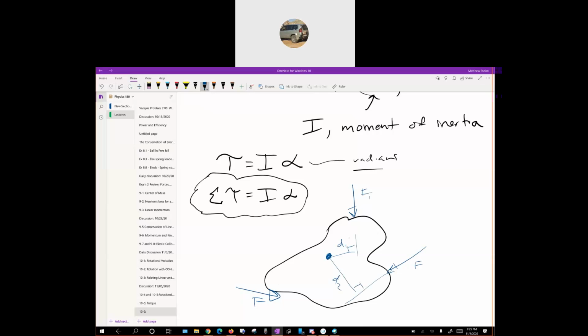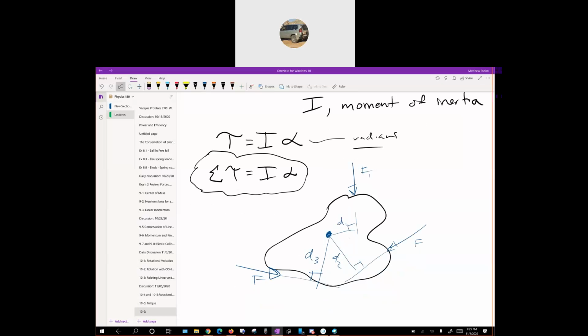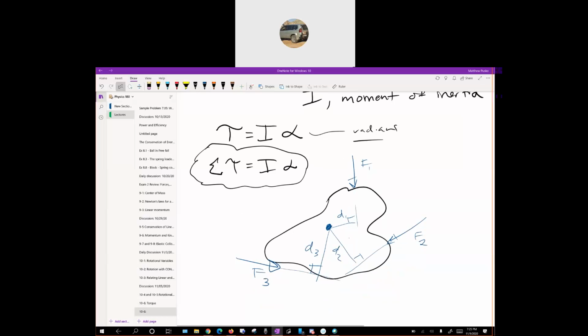And this one I would project through, draw my perpendicular like that. So we'll go d3. So each one of those forces, F1, F2, and F3, are contributing a torque, causing this to want to rotate. Now we know that if we can calculate I, the moment of inertia for this blob or this mass, we can figure out how fast it'll start spinning, what kind of value it will have for its angular acceleration.